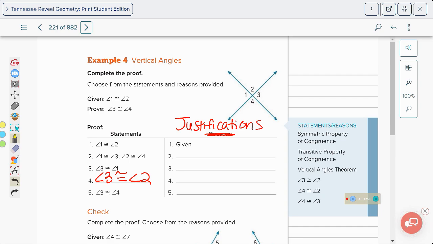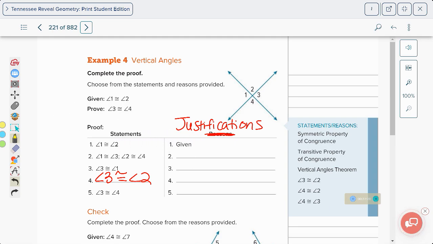We're figuring out reasons why the statements might be true. So if we look at statement 1, they've already given us the justification. I know that this statement is true because it is found in the given statement. So if that ever happens, our justification can just say given, okay?